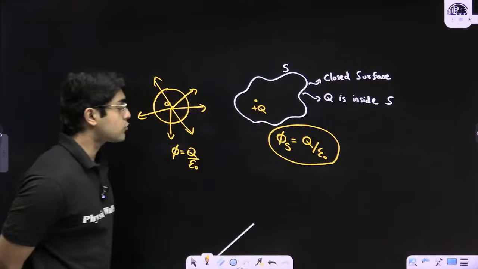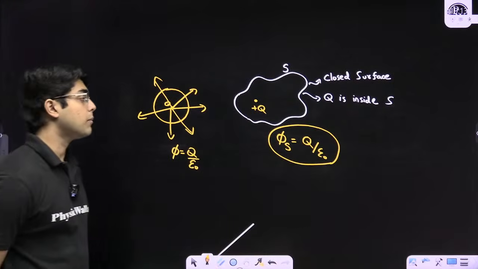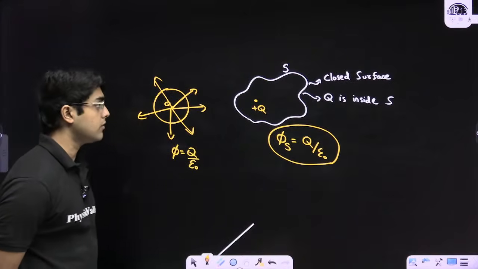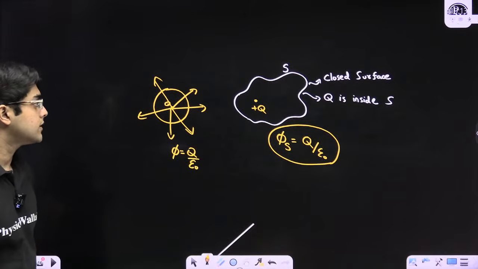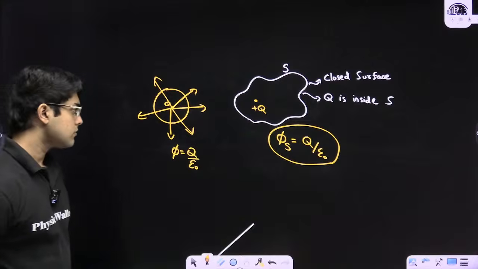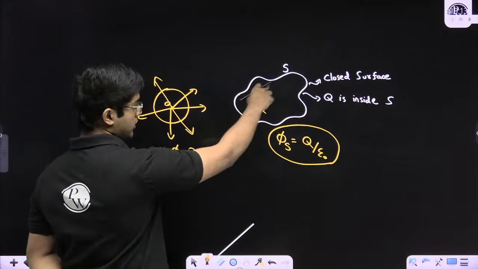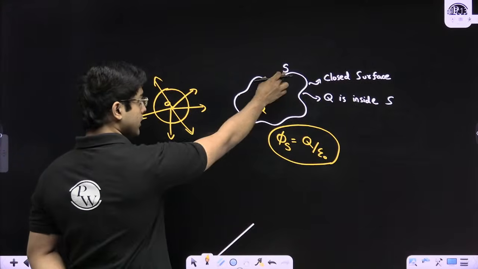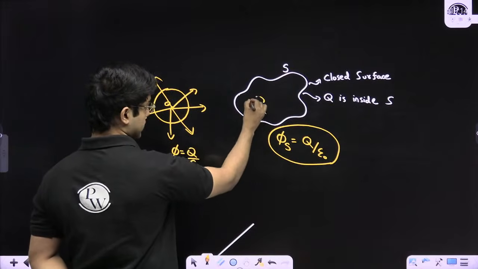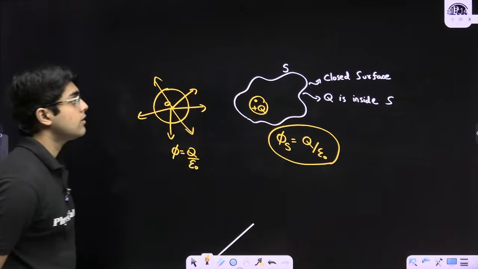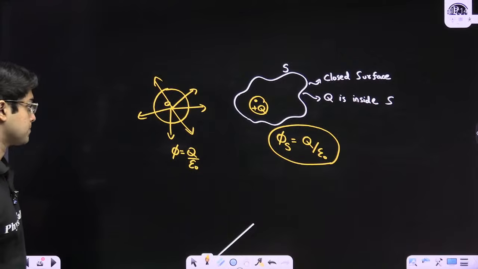This is also actually the definition or the statement of Gauss law. We'll discuss Gauss law in a bit. But yeah, it does not matter what the shape of the surface is. The only thing that matters is how much charge is inside the surface S.